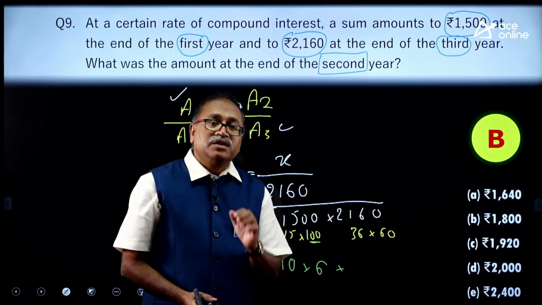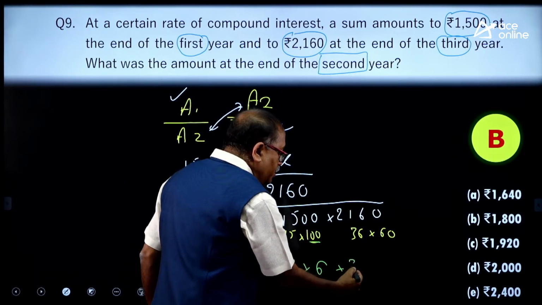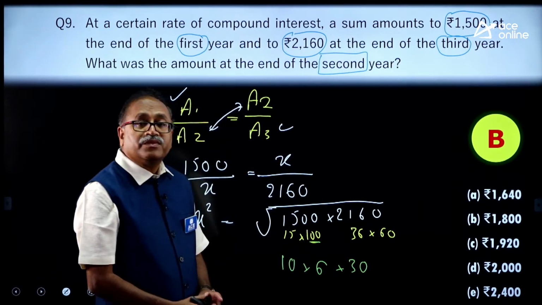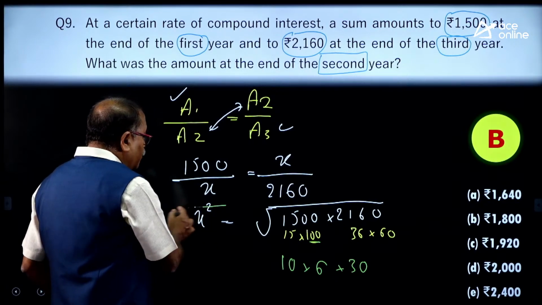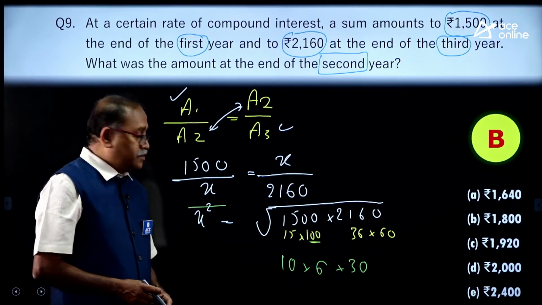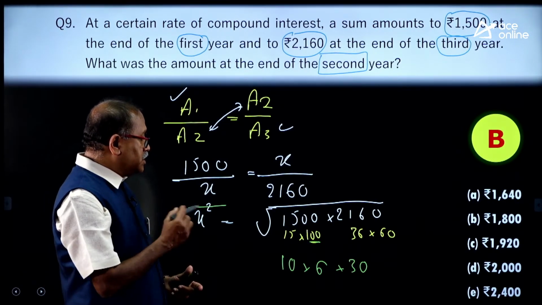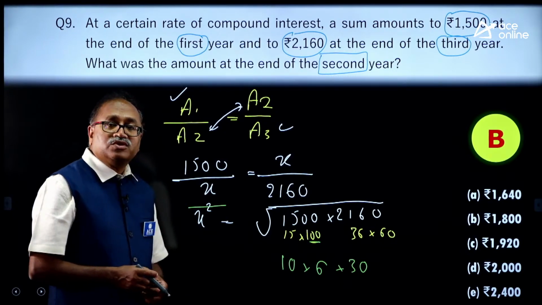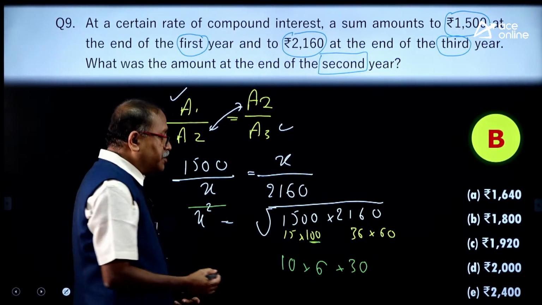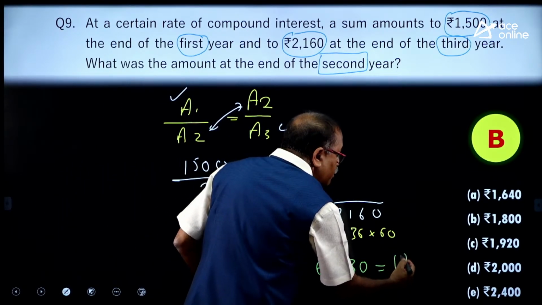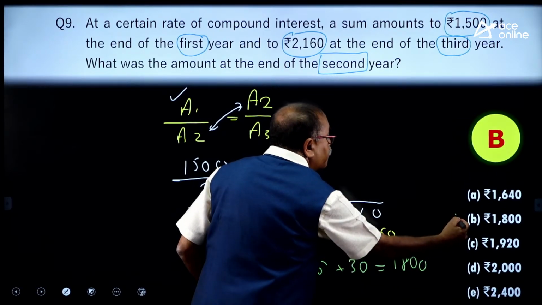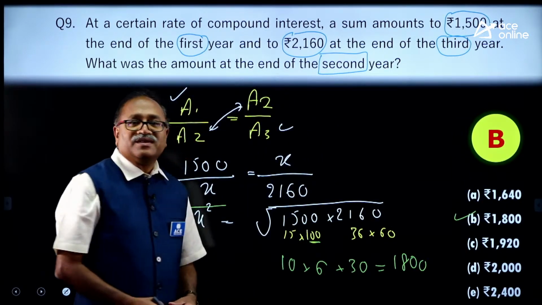So, take out the 900 outside, and you will be getting 30 over here. So, that is the value of x. How much is that? 6 threes are 18 followed by 2 zeros, that means 1800. So, my answer should be 1800, option choice B.